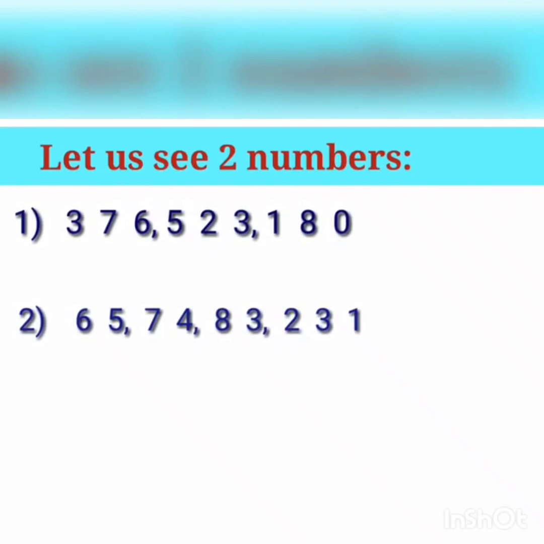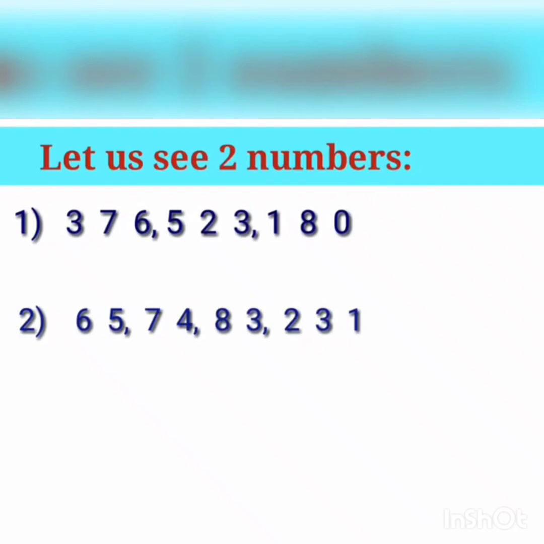Now, let us see these two numbers. First number is 376,523,180. Second number is 65 crore 74 lakh 83,231.